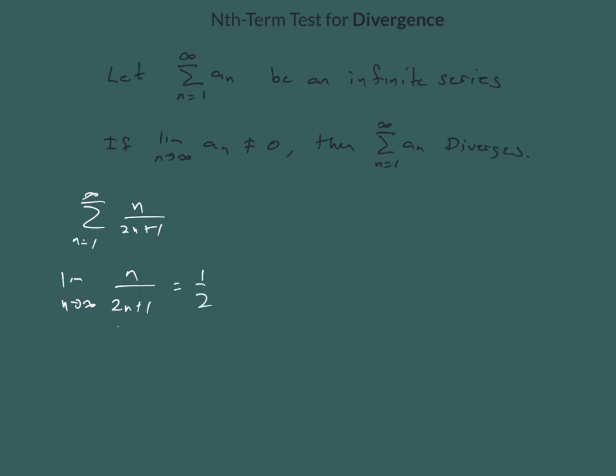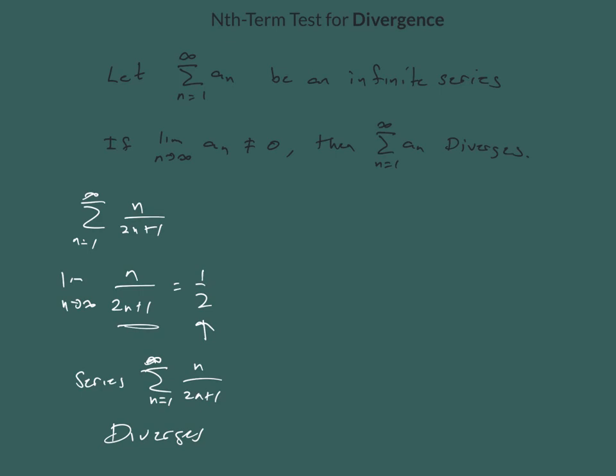This particular sequence of values converges to 1/2. But because that's a 1/2, and not 0, I know the series, n equals 1 to infinity of n over 2n plus 1, diverges.